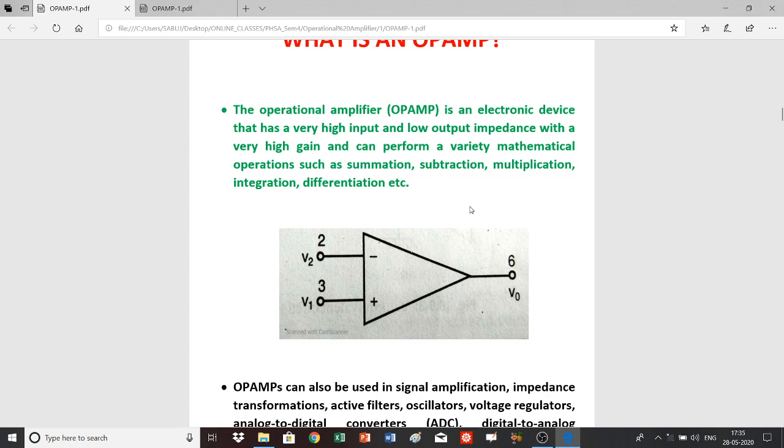So we can say that an operational amplifier is an electronic device which can perform some mathematical operations, for example, summation, subtraction, multiplication, integration, differentiation, etc. And this type of amplifier has a very high input impedance and very low output impedance, and also very high bandwidth. And with this figure, this is a standard circuit symbol of an op-amp.